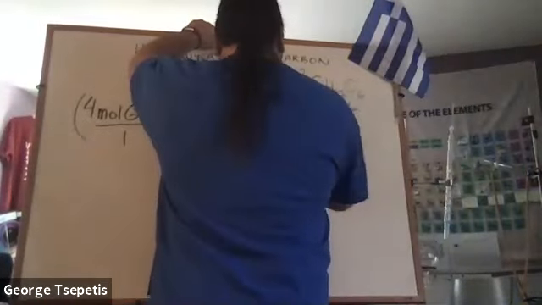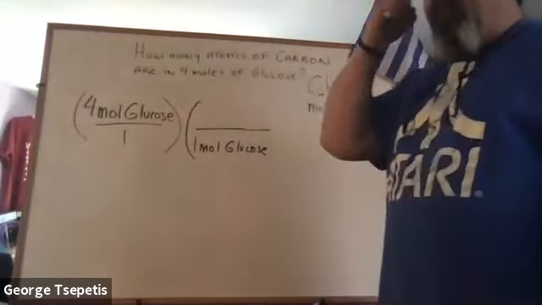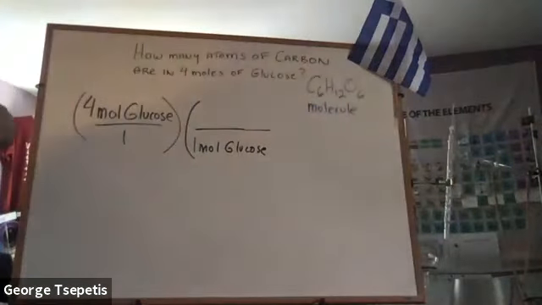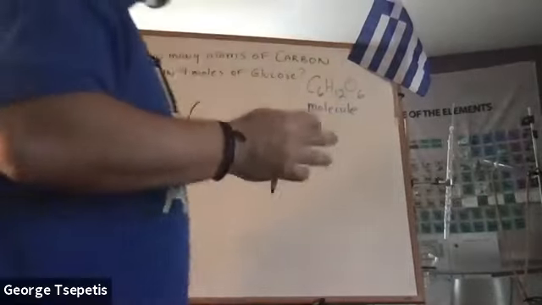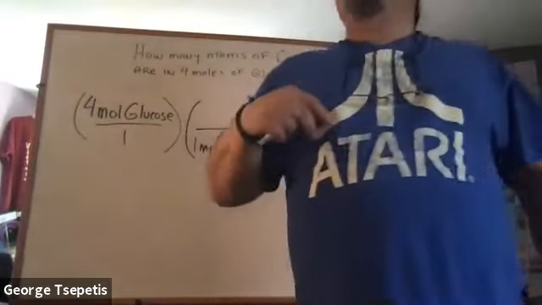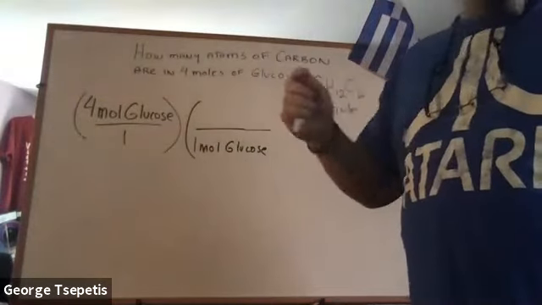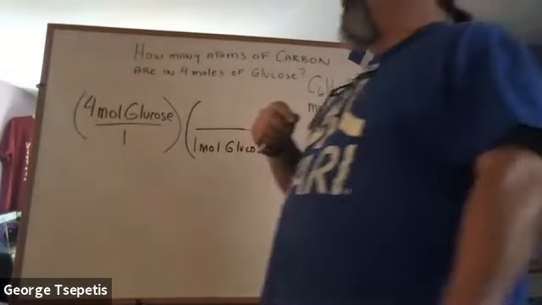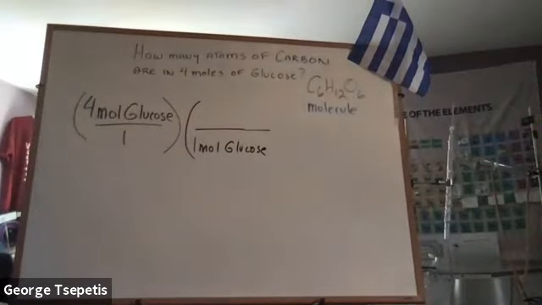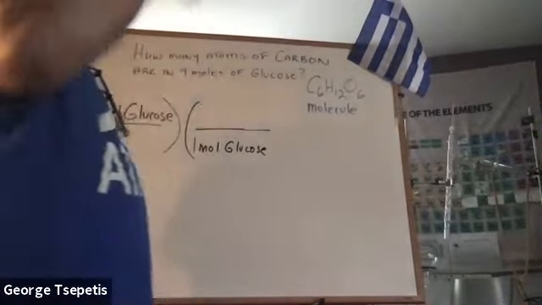That's where we need to go back and think to ourselves, a mole of anything is how much? Meaning, if I have a mole of glucose, a mole of milkshakes, a mole of particles, a mole of atoms, a mole of molecules, how many do I have?